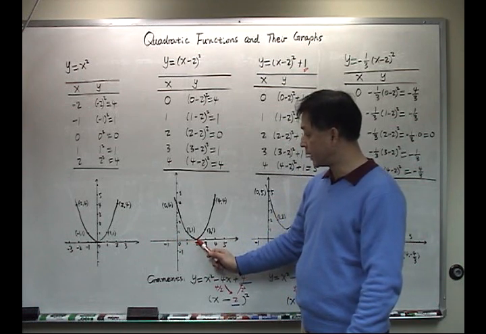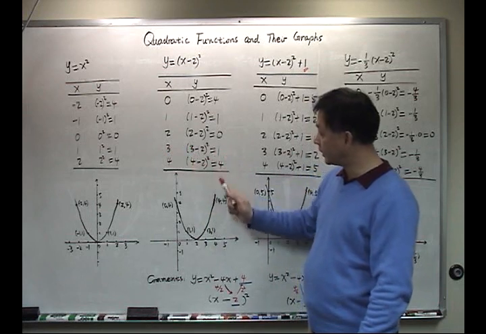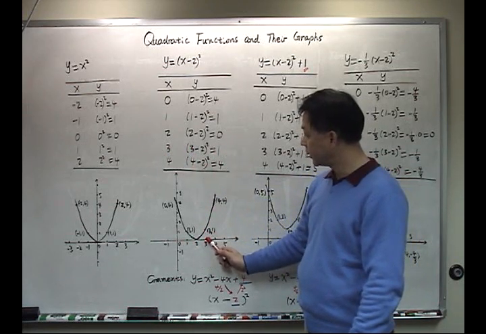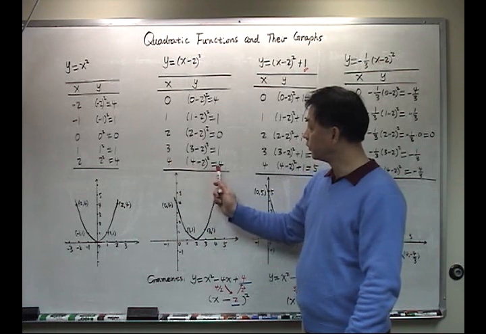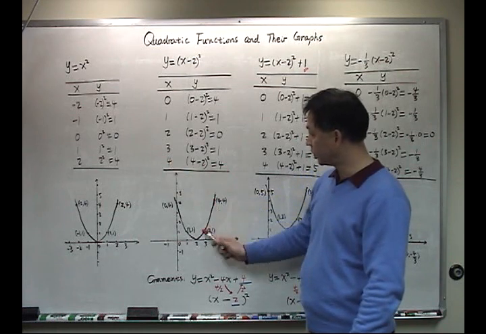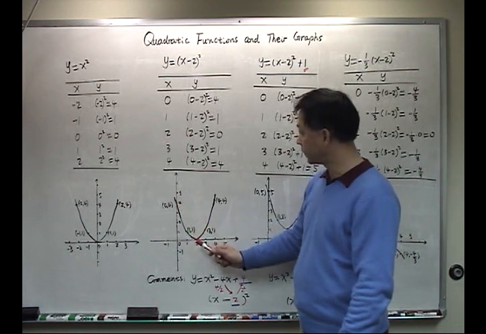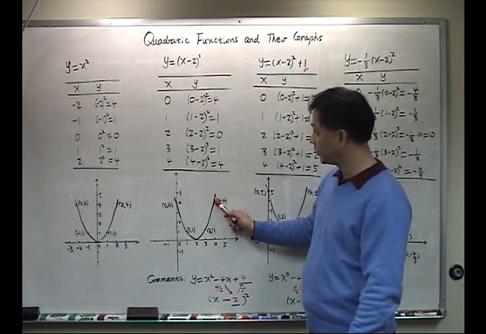So 2, 0 is right here. X is 3, y is 1. 3, 1, x is 1, 2, 3, and y 1 unit up. So 3, 1 is this point. And 4, 4 is this point. You see 1, 2, 3, 4, 1, 2, 3, 4. So 4 units to the right, 4 units up, 4, 4.